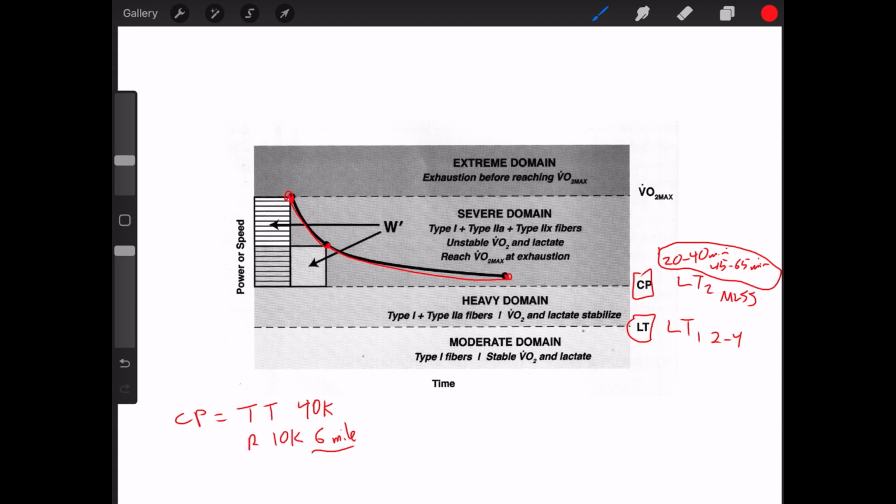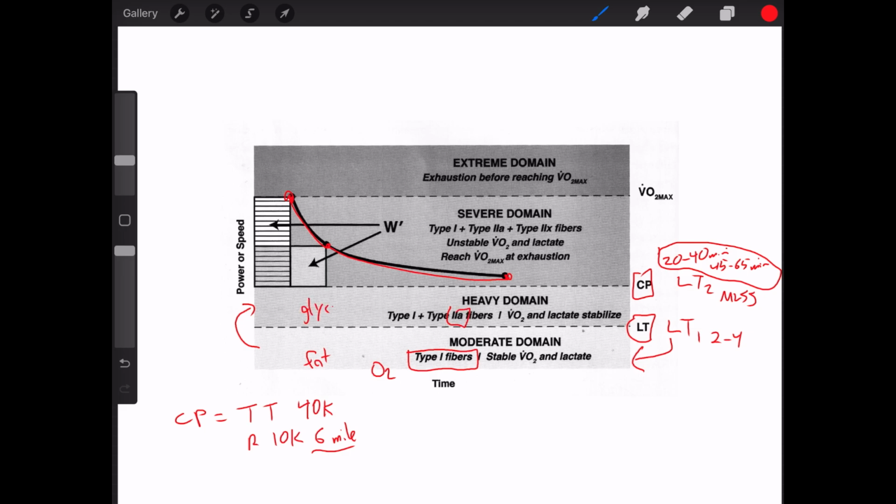If you take it easy and train in the moderate domain, you're going to mainly be using type 1 fibers. You're mainly going through oxidative pathways and using a heck of a lot of fat. Once you break that first lactate threshold and dip into critical power, now type 2A fibers come into play.